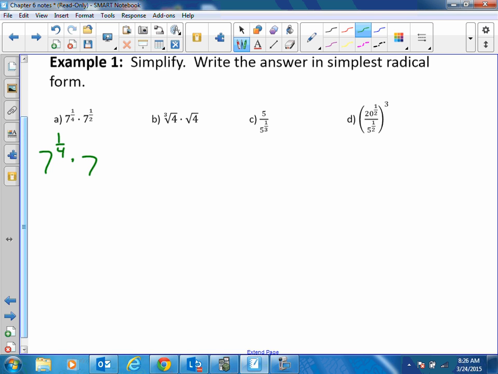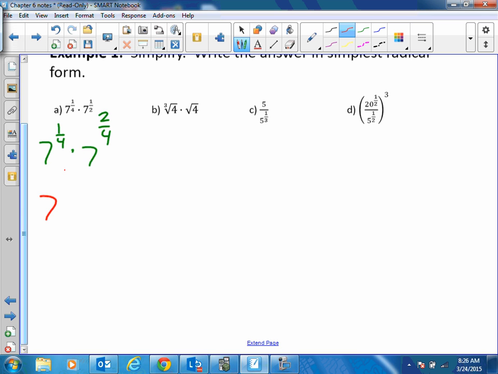So 1/2 we can rewrite as 2/4. Now we can add those, 1/4 plus 2/4, and that gives us 7 to the 3/4. That should be your answer.